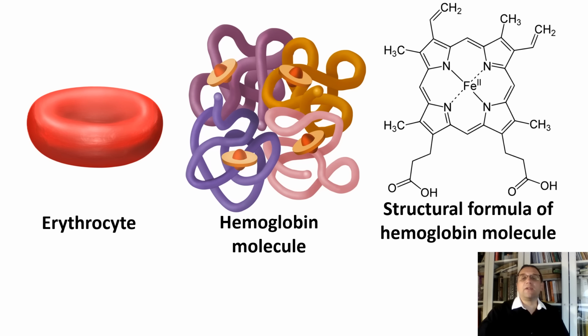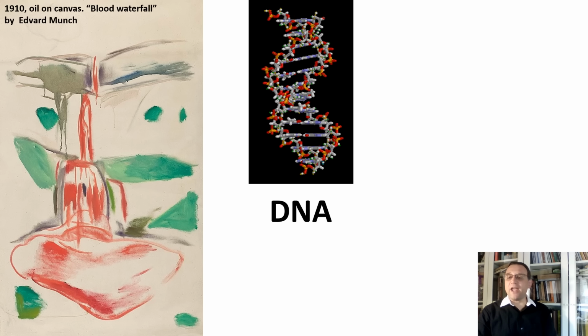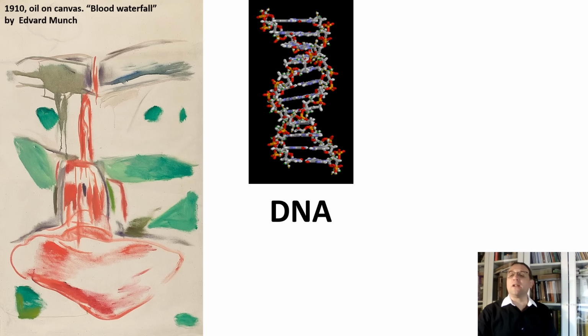Remember, in the beginning of the lecture, I said that erythrocytes function as containers for red pigments, or as we call it, hemoglobin molecules. Hemoglobin is essential for transferring oxygen in your body from the lungs to the tissues. As you remember, the nucleus of a cell contains an informational molecule called DNA.